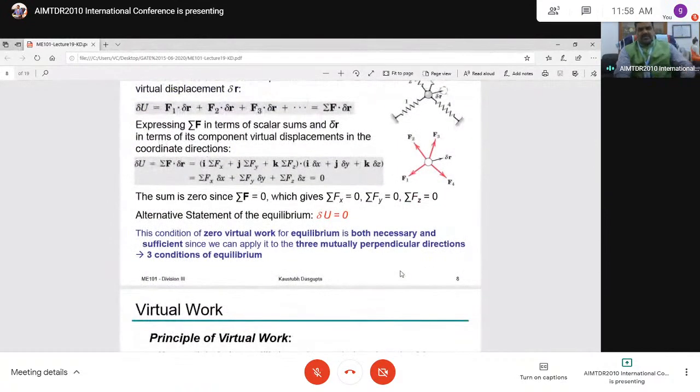F1 dot delta R, F2 dot delta R, F3 dot delta R, and so on. Expressing in vector notation: i Fx, j Fy, k Fz, and now i delta x, j delta y, k delta z.